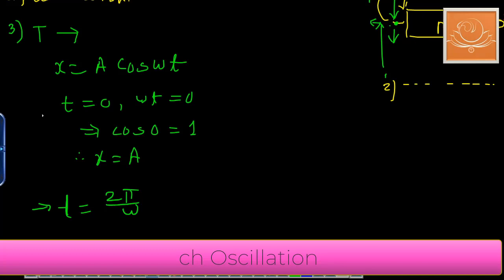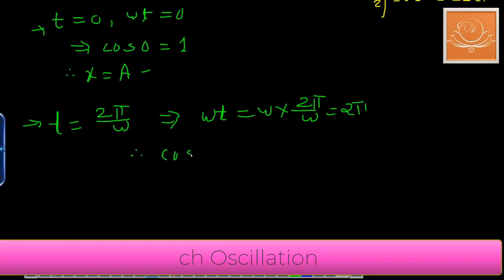See, the displacement of particle at t equal to 0 is equal to a. Now we can find the displacement of particle at t equal to 2 pi by omega. Now see, at t equal to 2 pi by omega, this omega t equal to omega into 2 pi by omega, which is equal to just 2 pi.